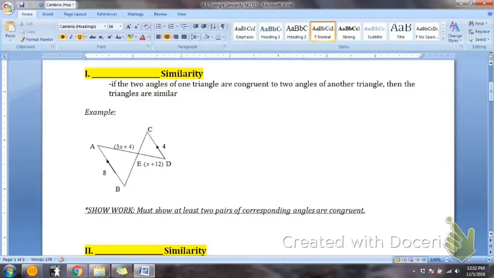So we call this angle-angle similarity. Remember, they're not equal, but they are similar. Why did I put the squiggly sign? Oh, because I highlighted them because they're important. They're the 3 different types.